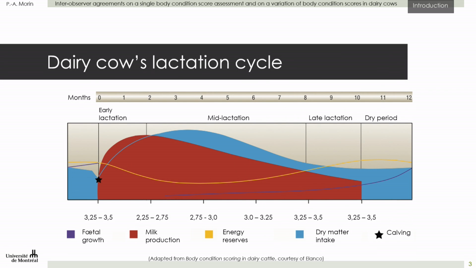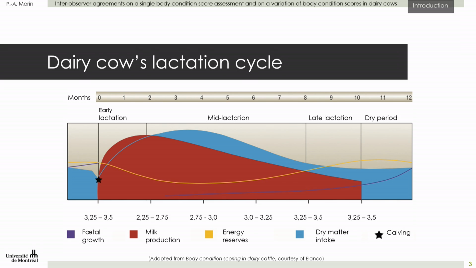As was emphasized by Dr. Roche, a lot of energy reserve is mobilized in early lactation. So the difference of two measures of body condition score taken at two different times can inform us about how an animal has used its energy reserve. It can be a loss or gain.